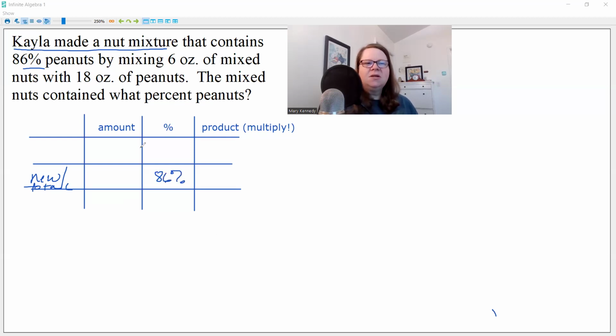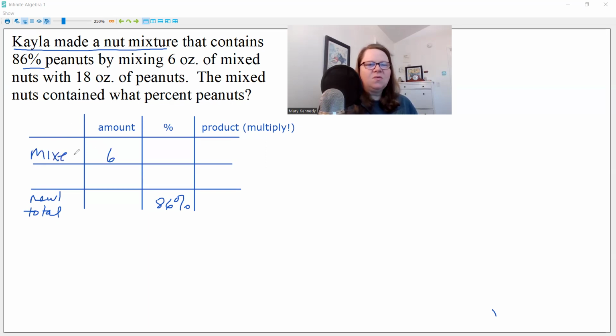Okay. She makes that by mixing 6 ounces of mixed nuts. So she starts, I just realized those numbers need to be at the bottom, not where I put them. So that's easier anyway. I didn't like how that was running into the line. All right, total 86%. She starts with 6 ounces of mixed nuts.